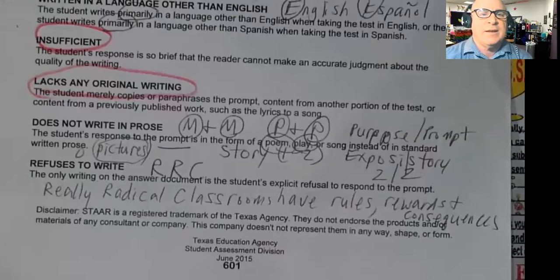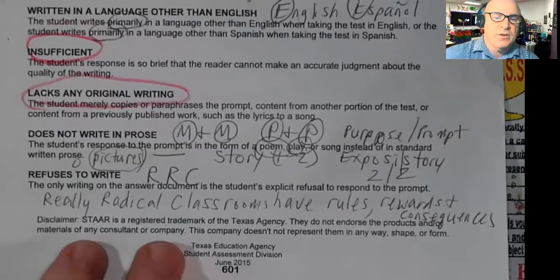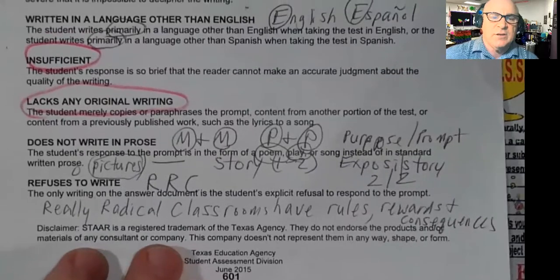And I always say, let the punishment fit the crime and let the prize fit the honor and recognition that your students deserve for doing whatever it is that they're supposed to be doing. So these are the last reasons that your kids can get zeros.